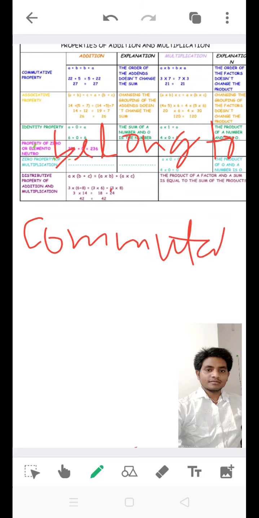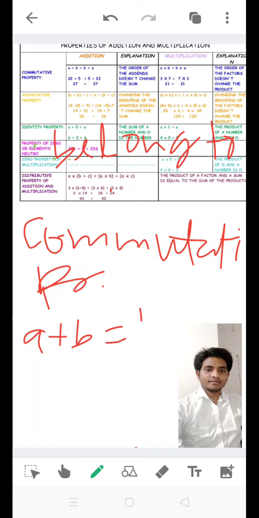What is the commutative property? When we add two whole numbers, a plus b equals b plus a. This is called the commutative property.